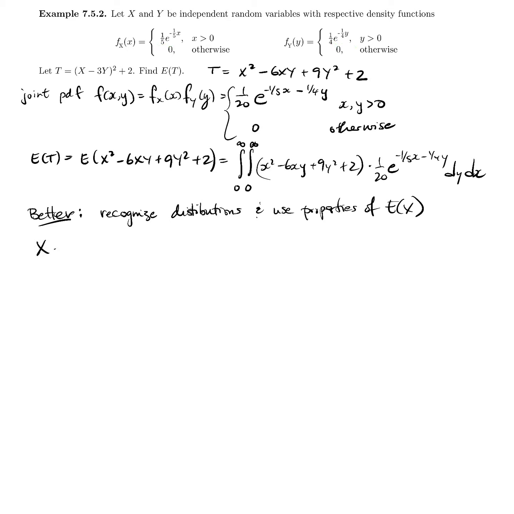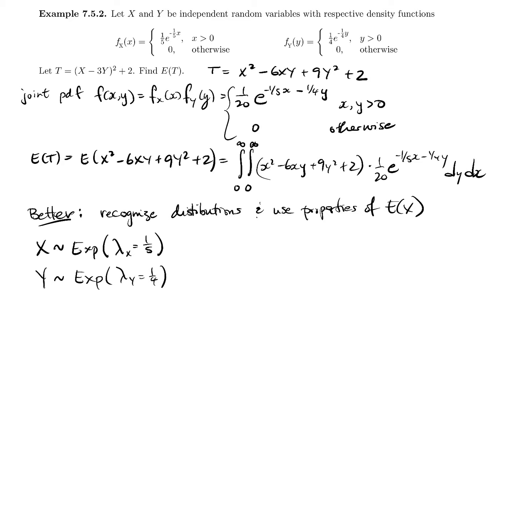So X is exponential, and we should recognize that this is the lambda. So X is an exponential random variable with lambda, we'll call it lambda sub X, equal to 1/5. Y is also an exponential random variable. It's got the same form for the density function, but its lambda is 1/4.